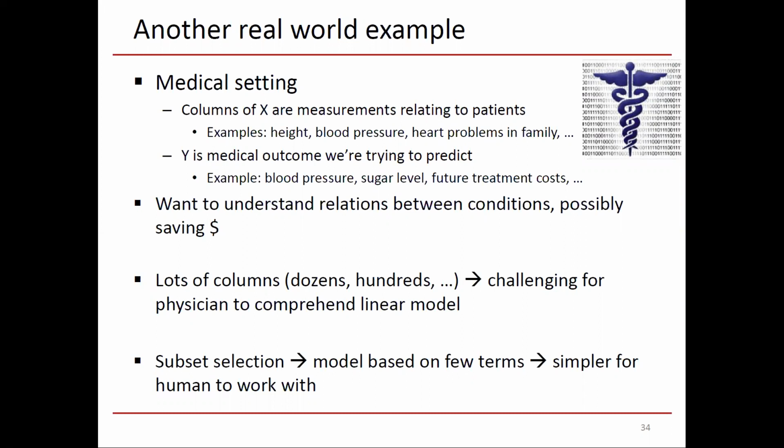Now, there are a lot of columns. There are dozens or hundreds of columns, maybe even more. And because of that, it's difficult for the physician to comprehend the linear model, as with our cardiologist friend earlier. And subset selection is going to allow the cardiologist to consider a model with a small number of terms. And again, you're going to give the human the correct answer, the optimized answer based on all the information.